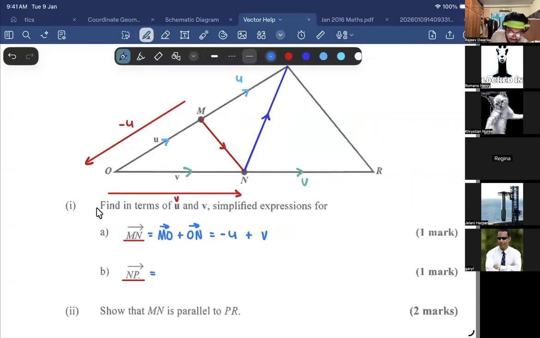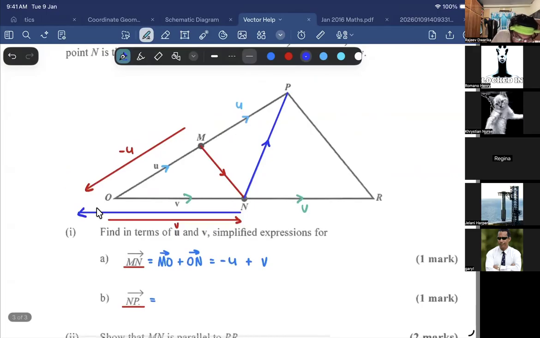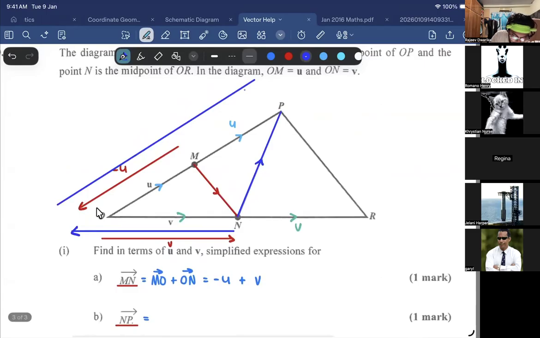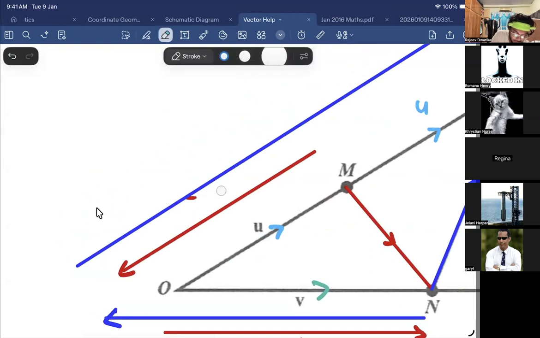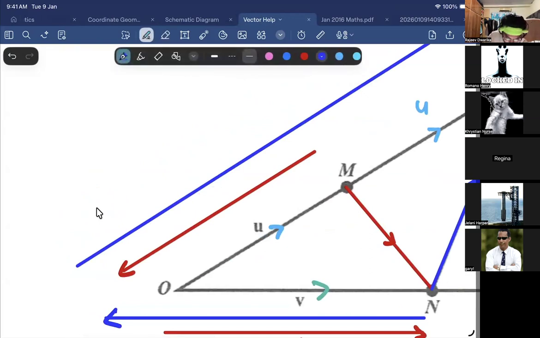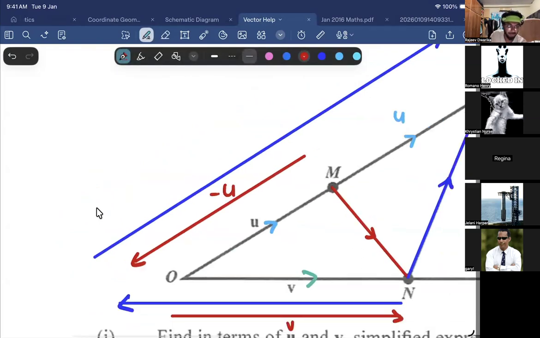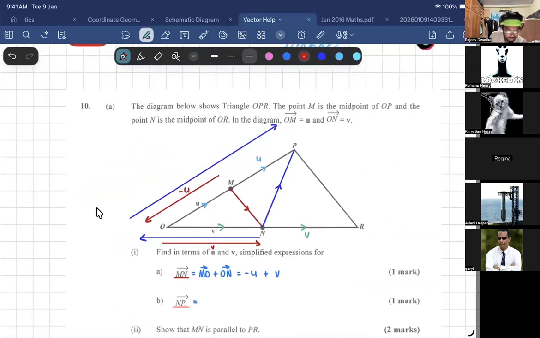So if I want to go from N to P, it means I'm starting from N to O, and then I'm going from O to P. So we're on the same boat right now, right? Yes, sir. We're on the Titanic. Gotta say no because the Titanic sunk. We don't want that. We're on a cruise ship. We're cruising through this. Listen, it's not hard.